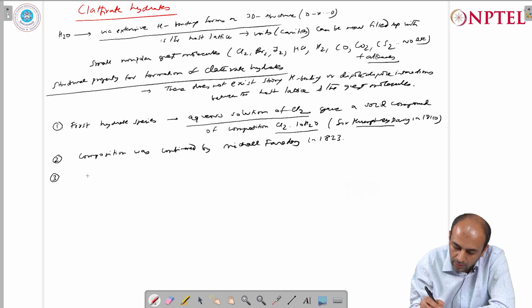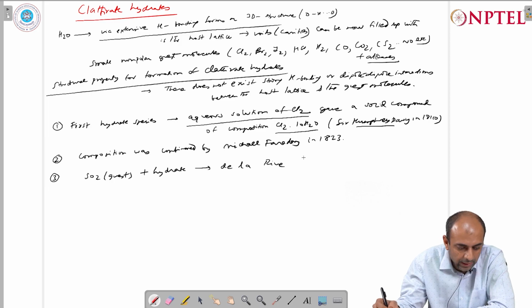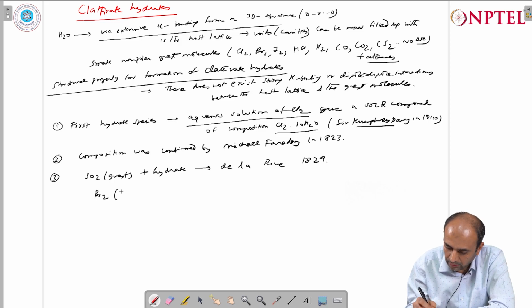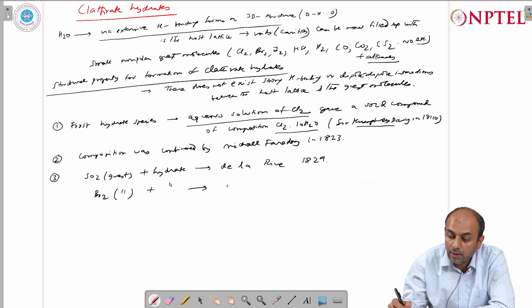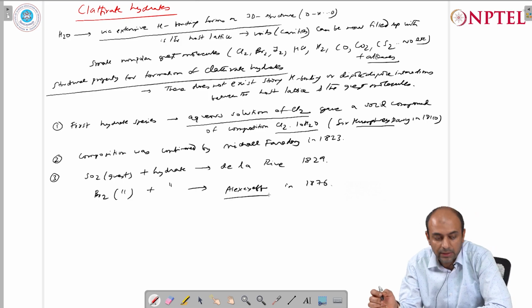Following this, SO2, that is sulfur dioxide, has been used as a guest molecule and complexed with hydrates to form the inclusion complexes, and this was done by de la Rive in 1829, followed by bromine as a guest molecule, the aqueous solution of which gave the clathrate hydrate, discovered by Alexeyev in 1876.